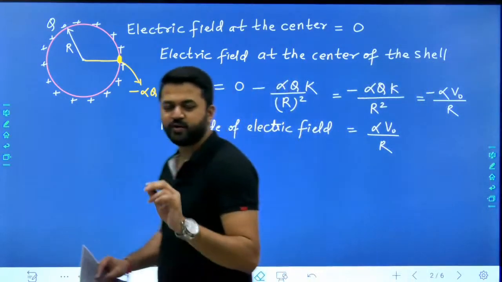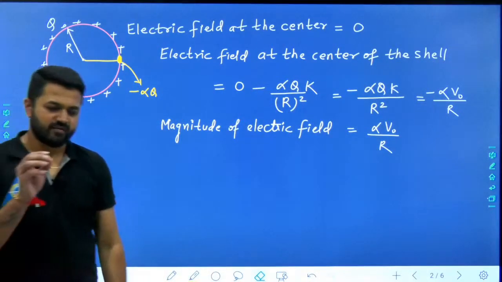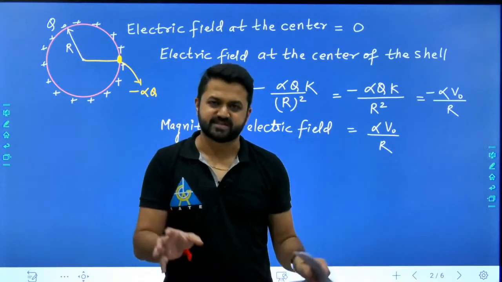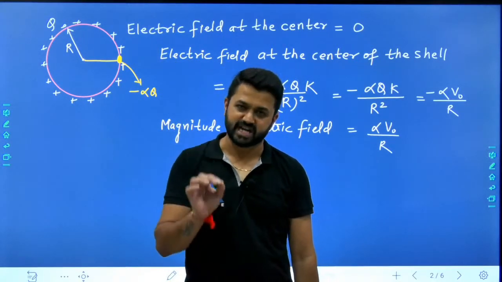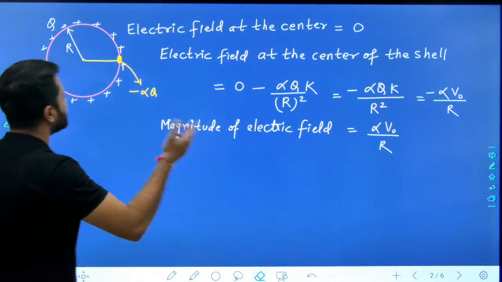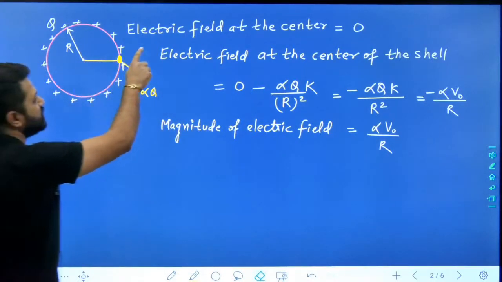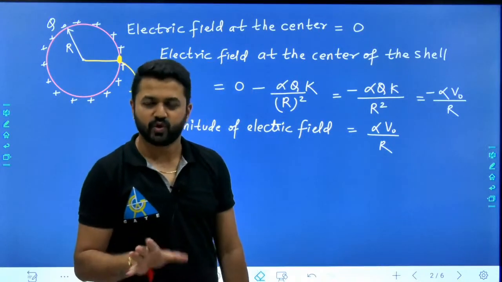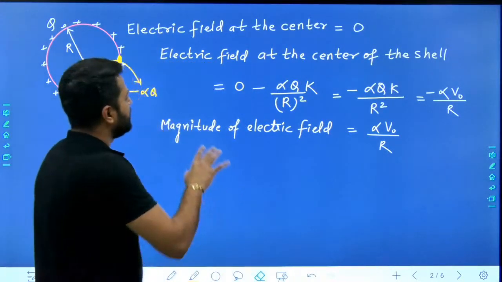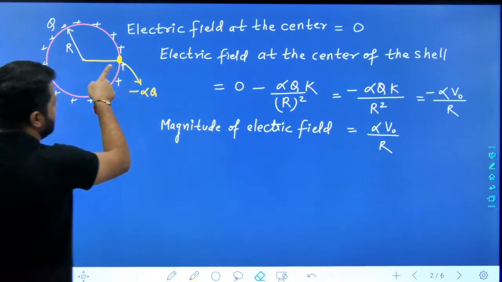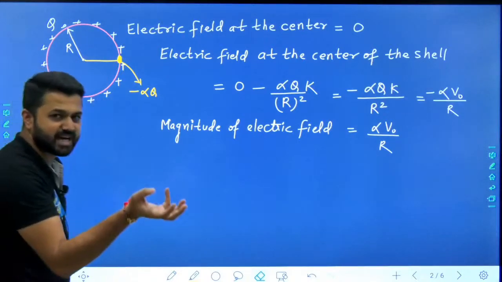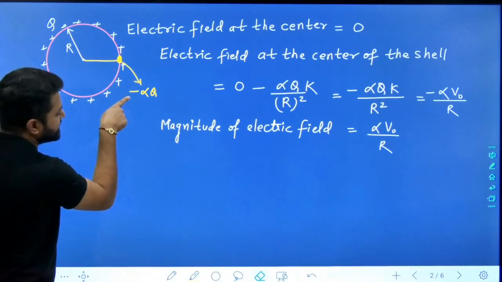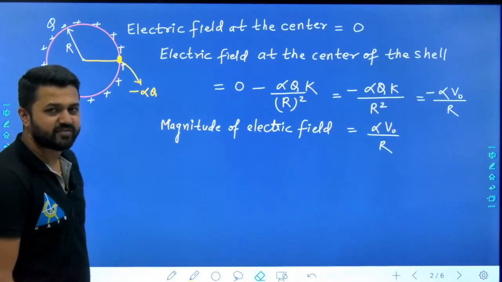So what you are observing is, when there is a complete sphere which is having the charge q, the electric field at the center was 0 when there is no hole. So when we make a hole, we are removing some charge, and that portion of charge we are considering with the sign minus alpha q.